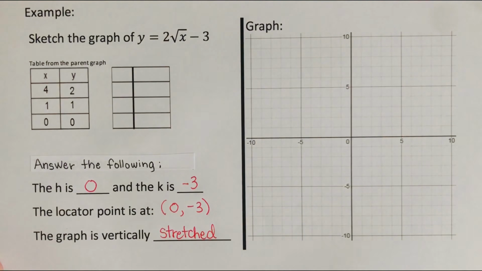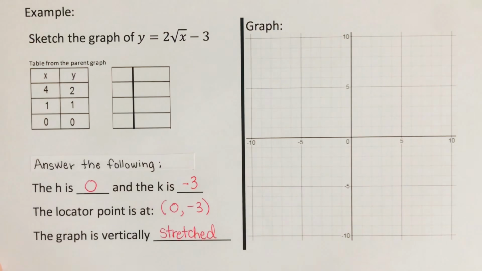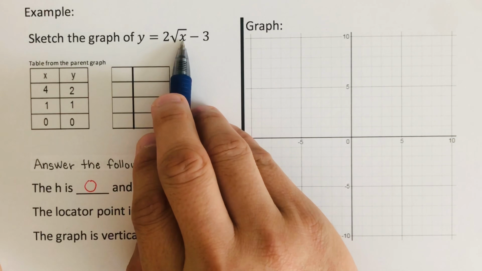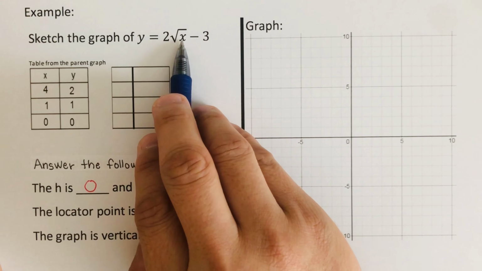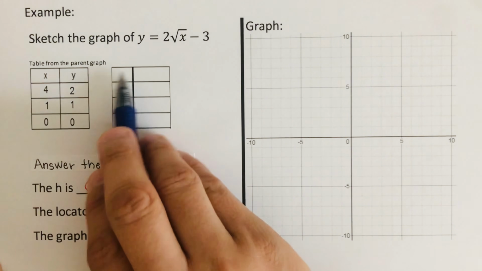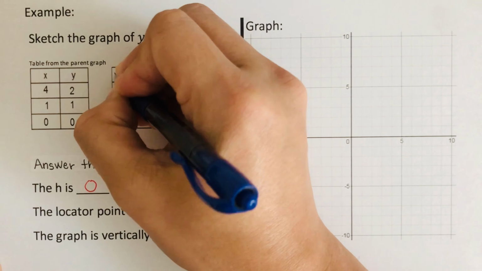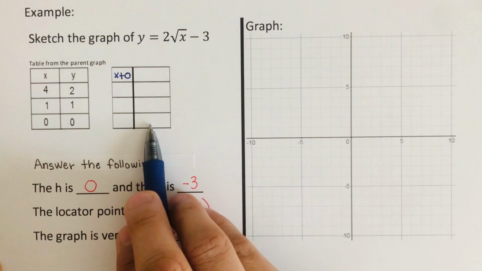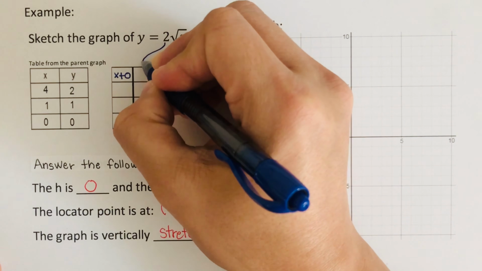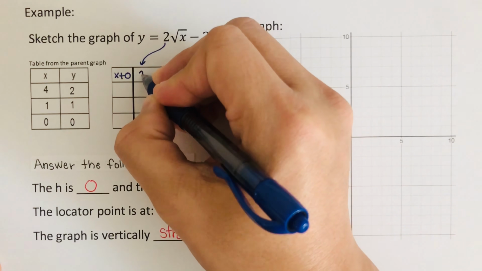So what I'm trying to say here is that we fill this table in. The trick here is that we are supposed to use this x value, which is x plus 0. We're going to put that in this column. So I'm going to write x plus 0. And then for the value that we put into this column, we will use this 2 right here. So whatever the a is, you write it down first.